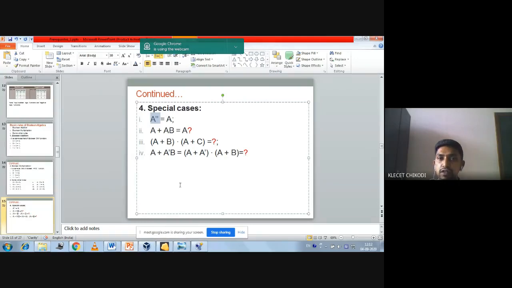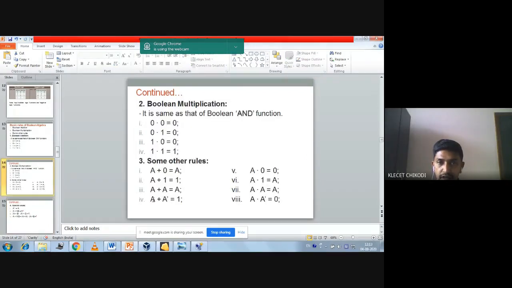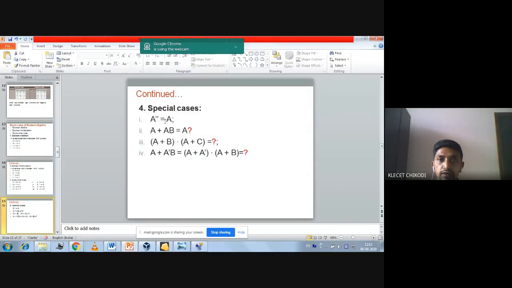A double dash means the complement of A dash, and the complement of A dash is again A. So if you take the double complement of any input variable, it will be the variable itself. The double complement of X is X itself. Similarly, the double complement of B is B itself.